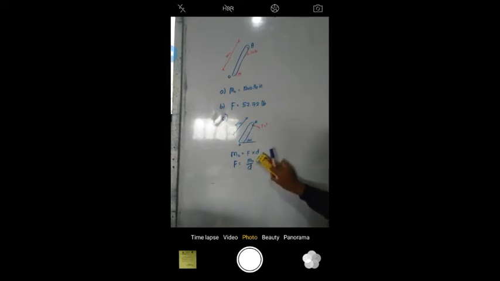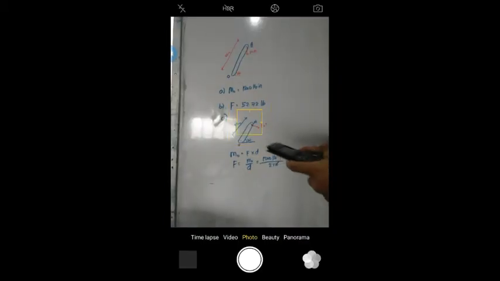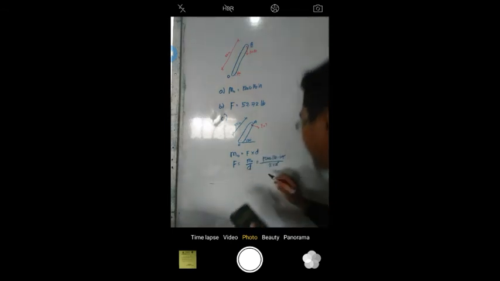The moment there is 1,200 pounds-inch over 24. Let me take out the calculator again. 1,200 divided by 24 is 50 pounds.